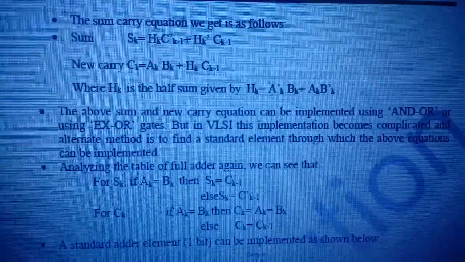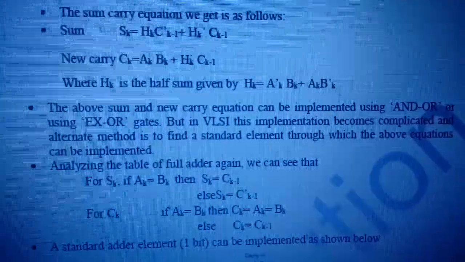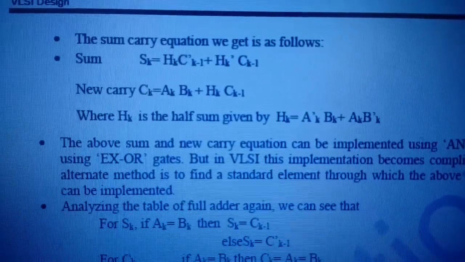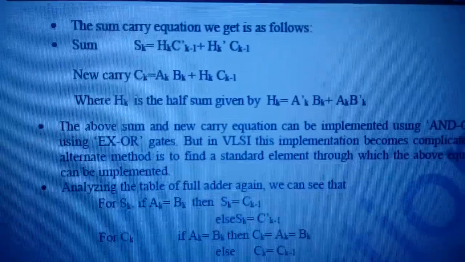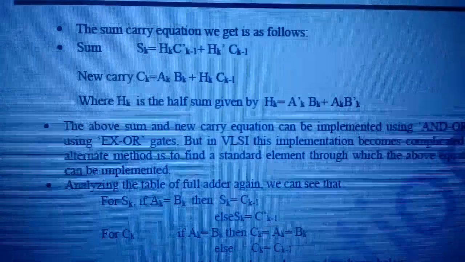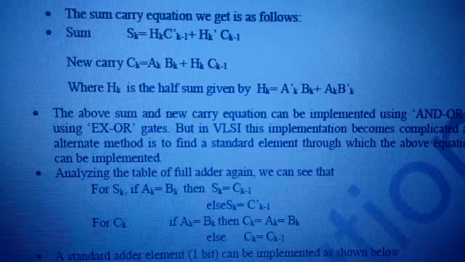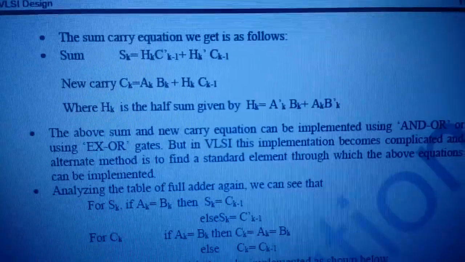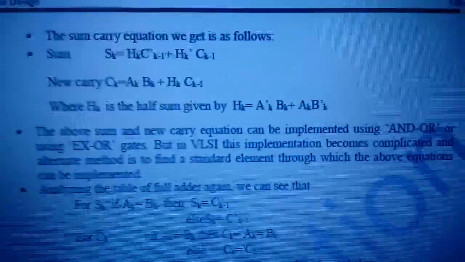AB bar plus A bar B. In a similar way, it is written as HK CK minus 1 bar plus HK bar CK minus 1. And similarly, the carry is written as AK BK plus HK CK minus 1. You may be wondering what HK is. Here HK is the half sum, represented as HK equals AK bar BK plus AK BK bar. You will understand this if you know the digital design concepts of the half adder and the full adder. Just go through the equations of the half adder and full adder, and you'll understand what these equations are all about.